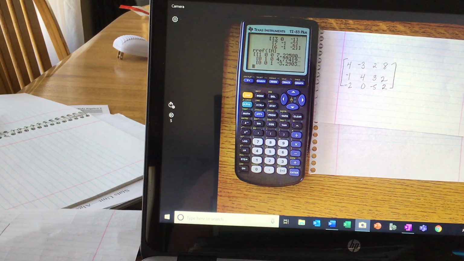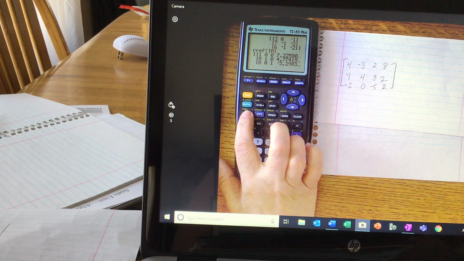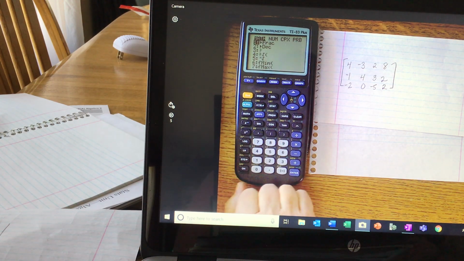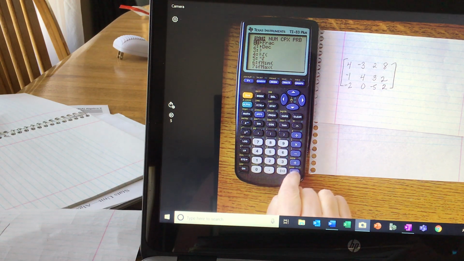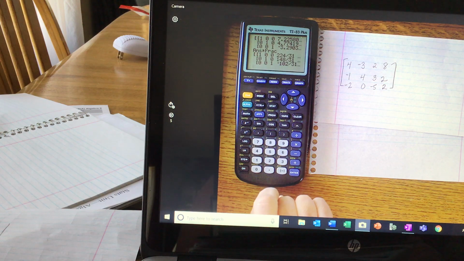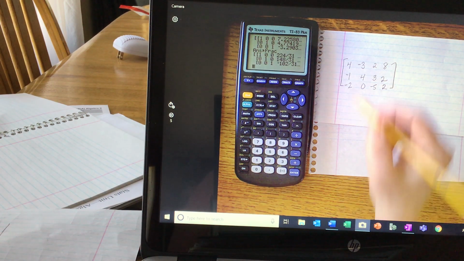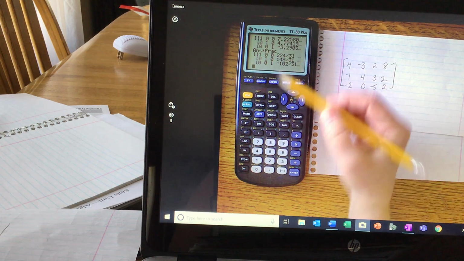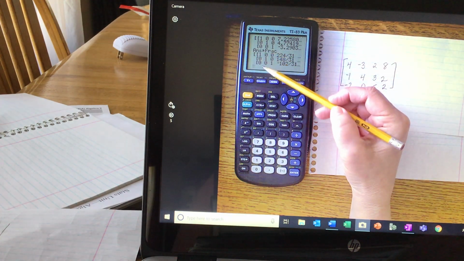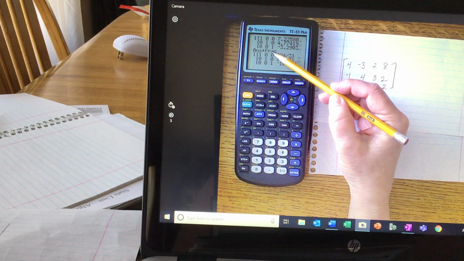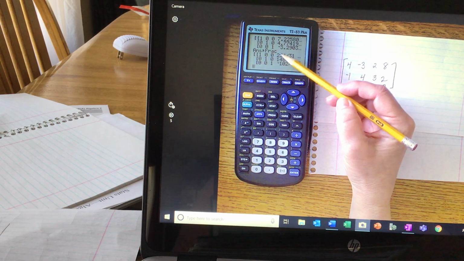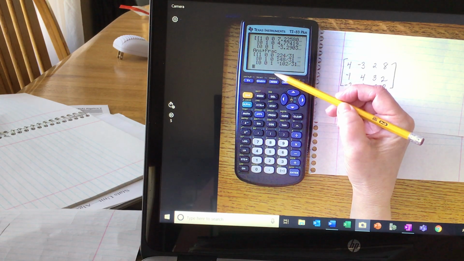This time we get some decimals in there. So let's change those to fractions. So you would hit math, and then fraction is the first one, so enter. And then enter one more time. So as you can see, this is our x's, this is our y's, and this is our z's.